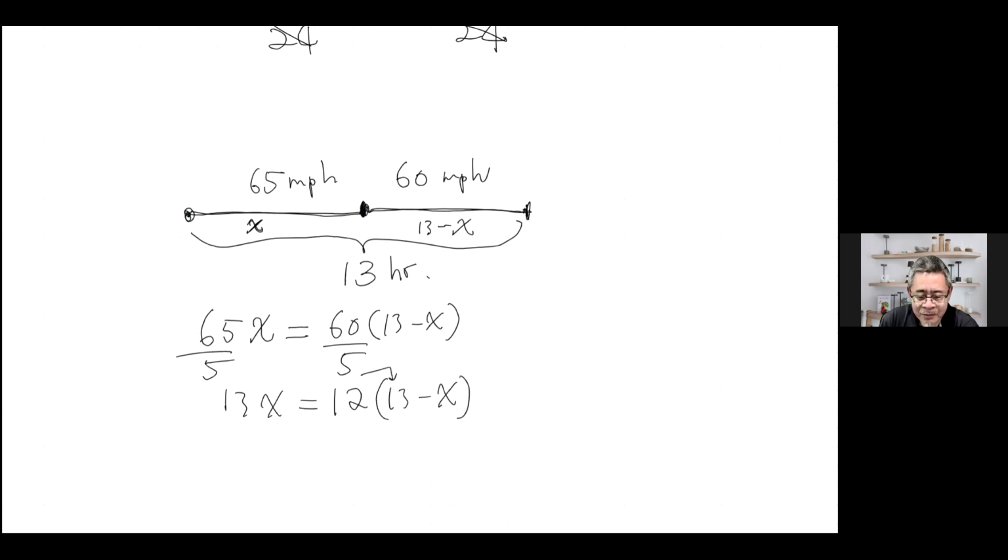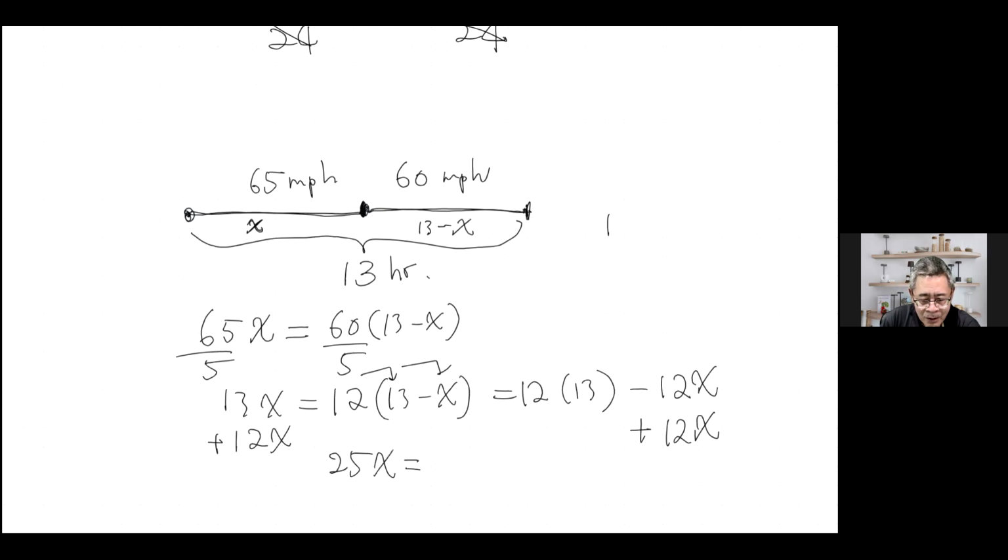We get 12 times 13 and minus 12x. Then we add 12x, because we have to move all the unknown variables to one side. So we get 25x equals 12 times 13.